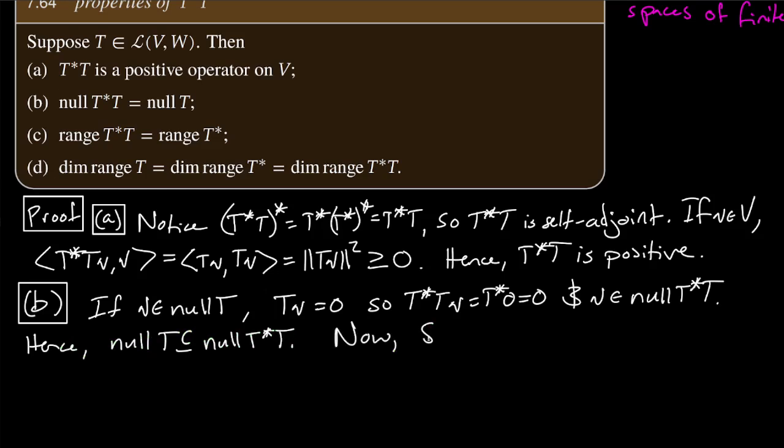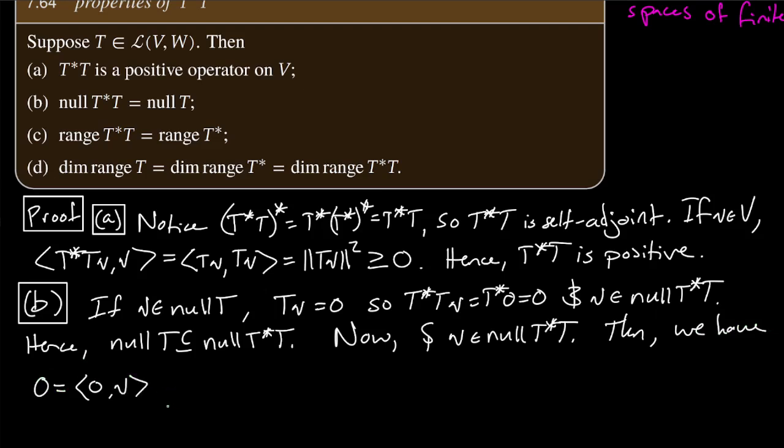Now, suppose that V is in the null space of T star T. Then we have the following. 0, well, that's certainly equal to the inner product of 0 with V. After all, take the inner product of 0 with anything, you get 0.